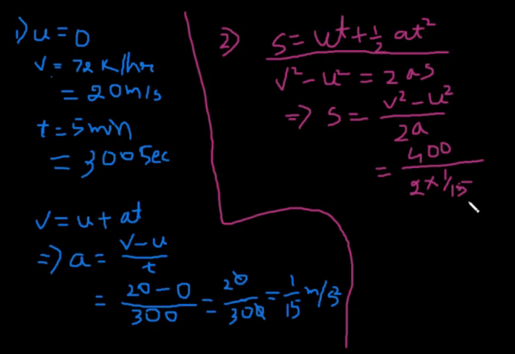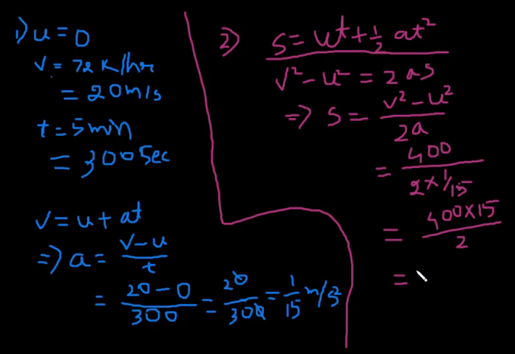Acceleration is 1 by 15. So 2 into 1 by 15. It will become 400 into 15 divided by 2. Now these 2 and 400 will get cancelled with each other.